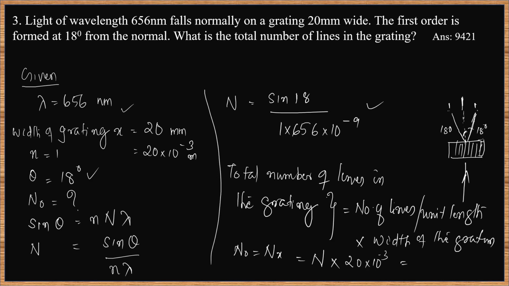So something around 9421. That is the total number of lines in the grating.